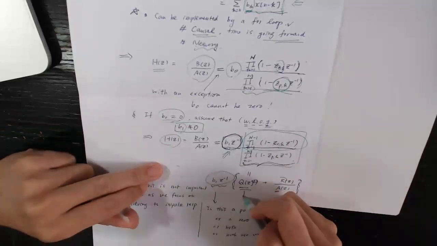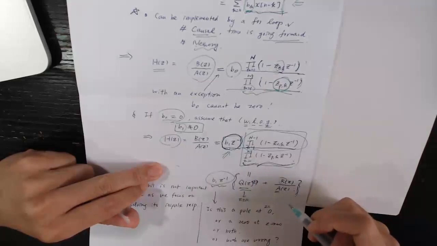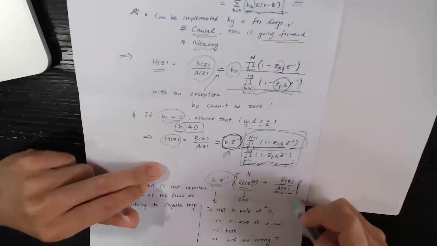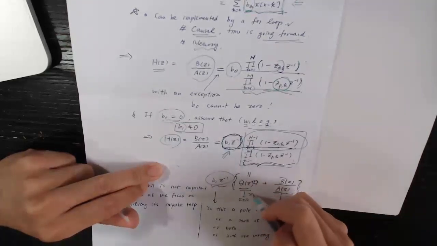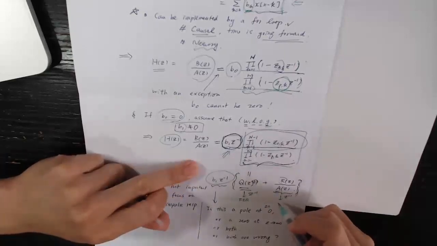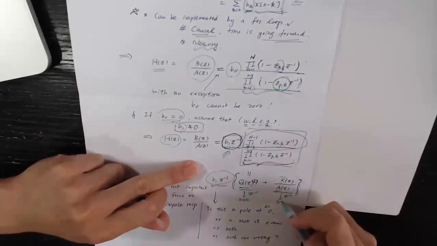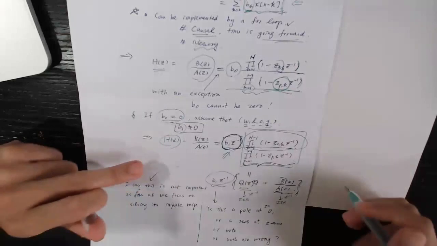I also mentioned this part corresponds to an FIR part of the impulse response, whereas this part, when you take the inverse Z transform, corresponds to an infinitely lasting, right-handed IIR response. That's the general behavior.